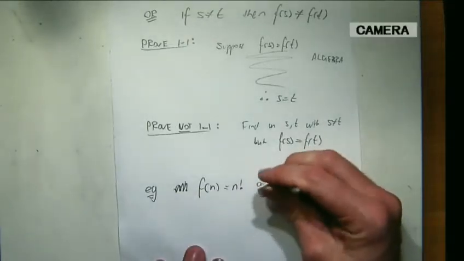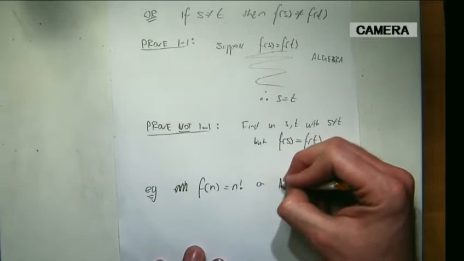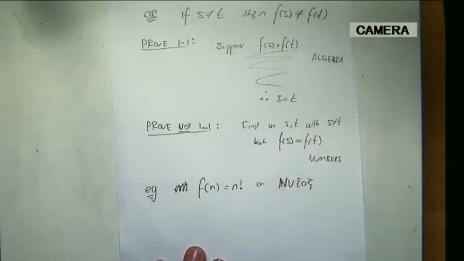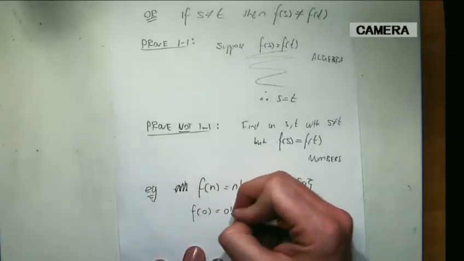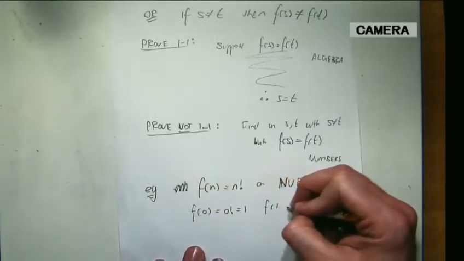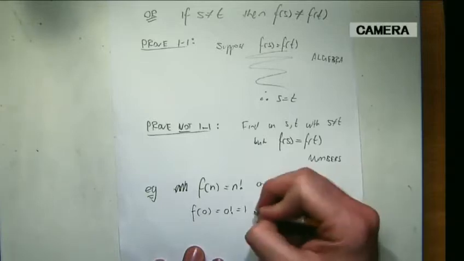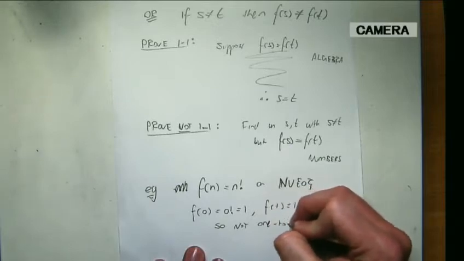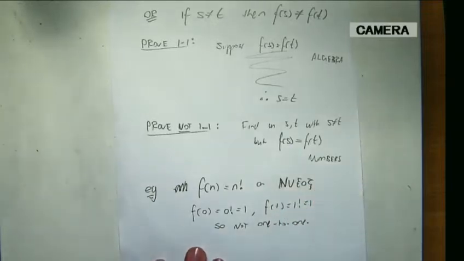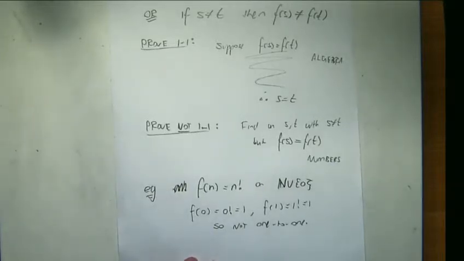That's an n. All right. F of 0 is 0 factorial, which is 1. F of 1 is 1 factorial, which is 1. So not one-to-one. Okay, that's proving that things aren't one-to-one. Proving that things are one-to-one is a different story entirely.